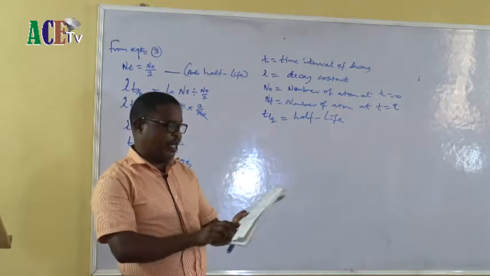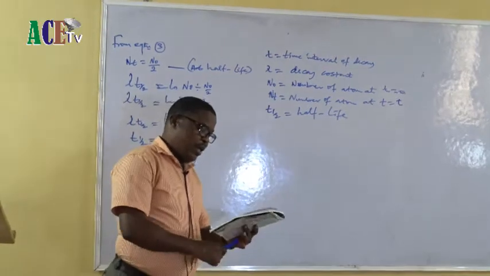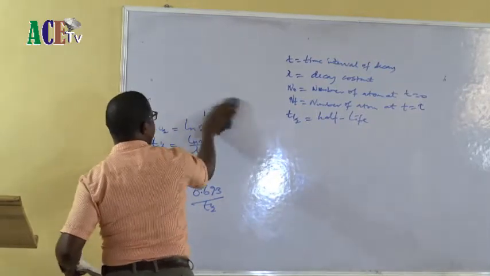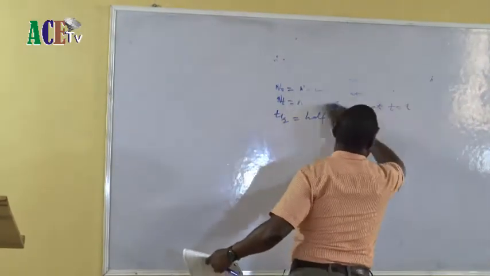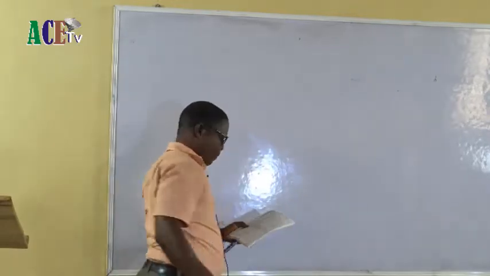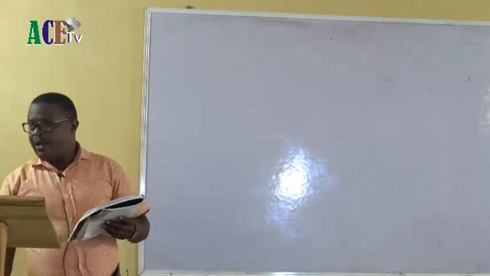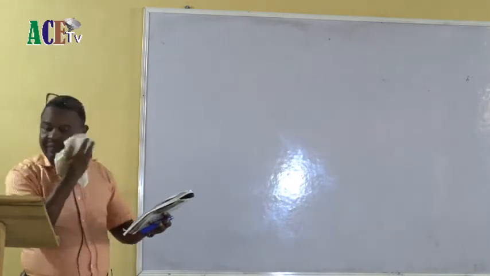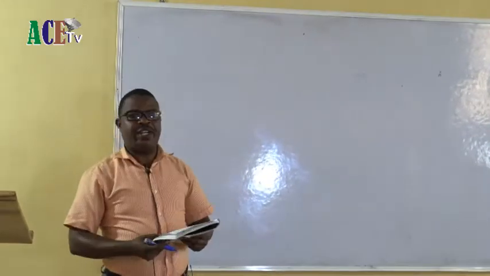So the first question here is, a radioactive element has a half-life of 342.5 seconds.